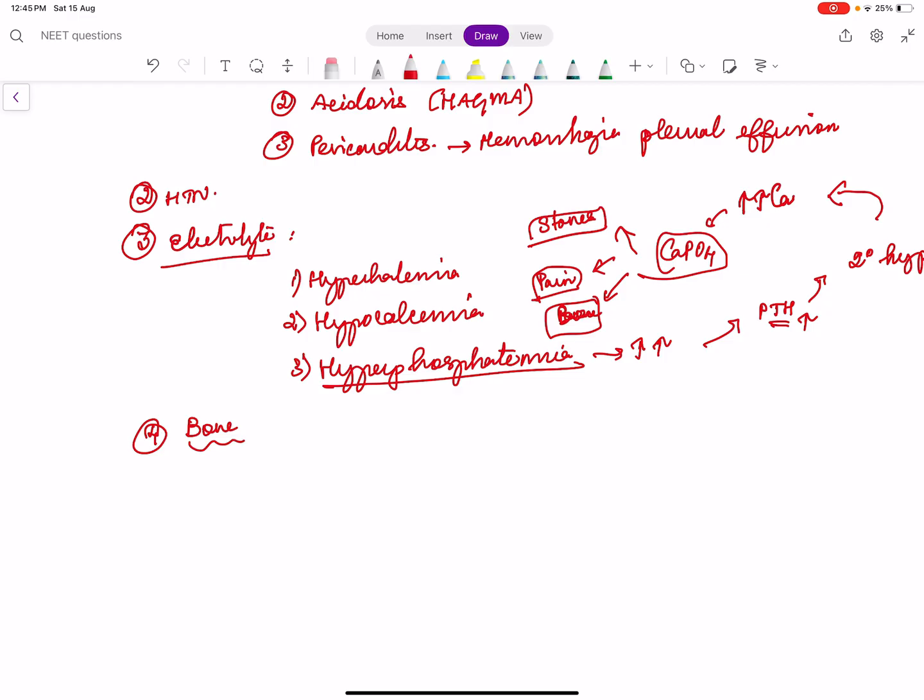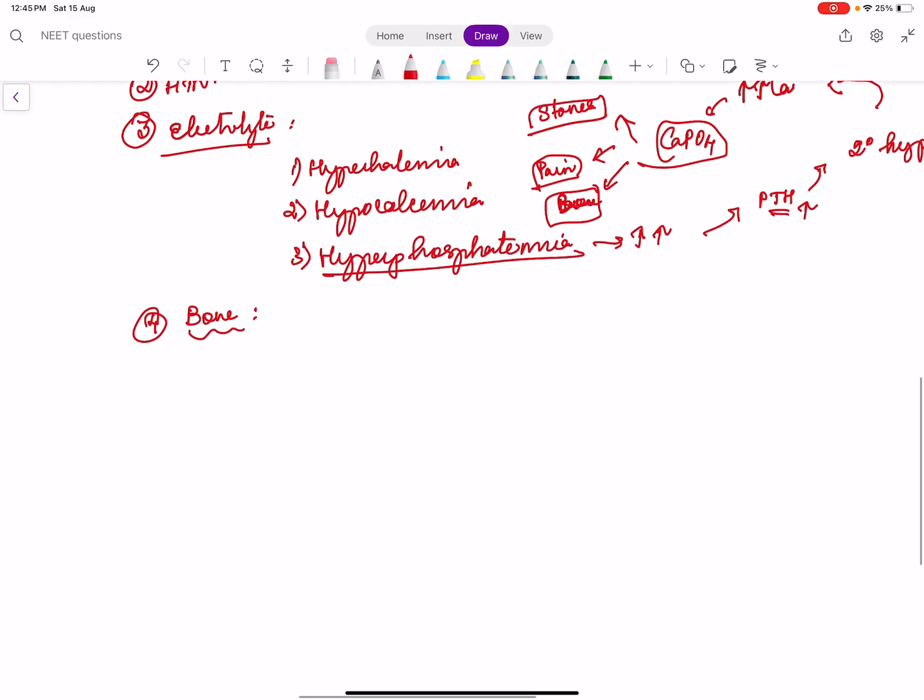Vitamin D, one step of vitamin D3 production is in the kidney. 1-alpha hydroxylation occurs in the kidney. So there will be vitamin D deficiency. And we discussed the secondary hyperparathyroidism, hypocalcemia and hyperphosphatemia. What happens to the blood? Erythropoietin is produced by the kidney. When CKD is there, there will be anemia because of reduced erythropoietin production.